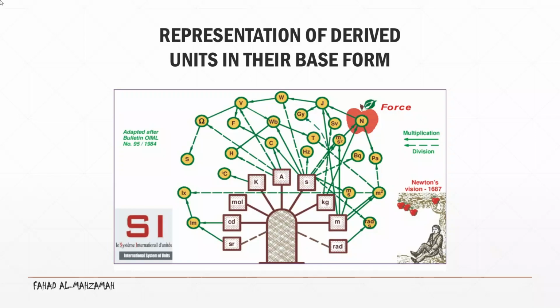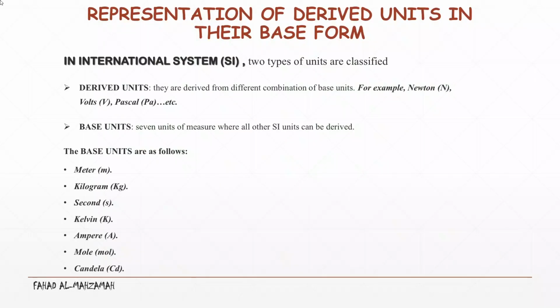However, we already said in the previous lecture that the international system of units has two types of units. So they are classifying the system into two parts of units. The first one is the derived units, and the second one is the base units.